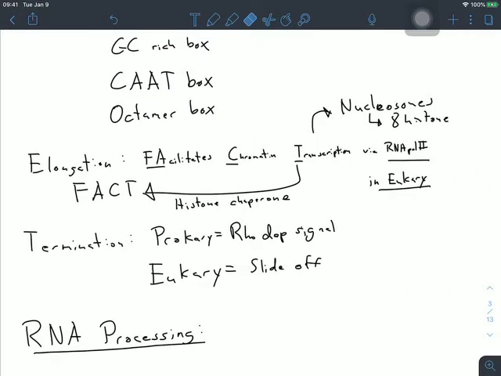But that's not quite the end of the story. The RNA molecule is not yet ready to go off and be translated. If you remember from your previous biology courses, the production of proteins happens at ribosomes. And ribosomes are either attached to the endoplasmic reticulum, the rough ER, rough because they have ribosomes attached, or floating around in the cytoplasm. Transcription is happening within the nucleus.